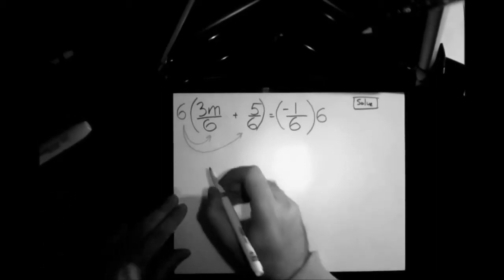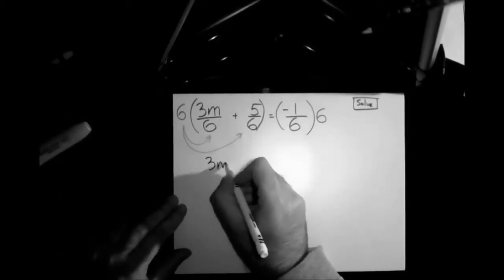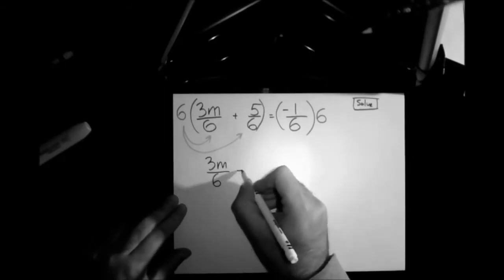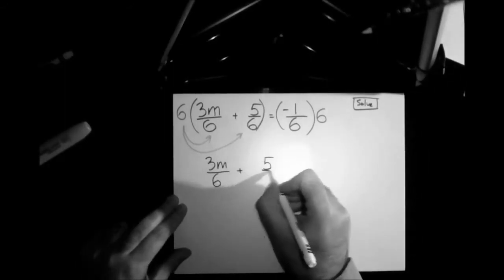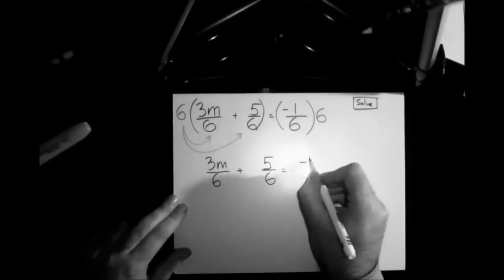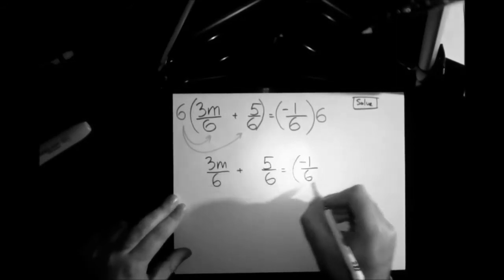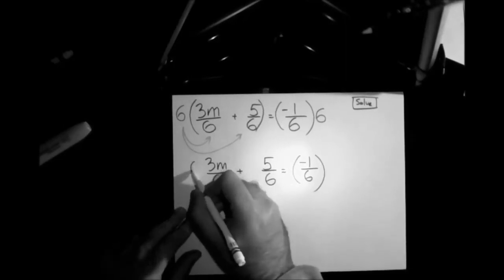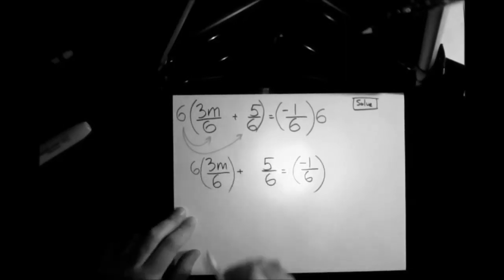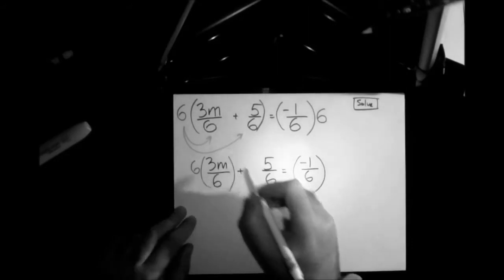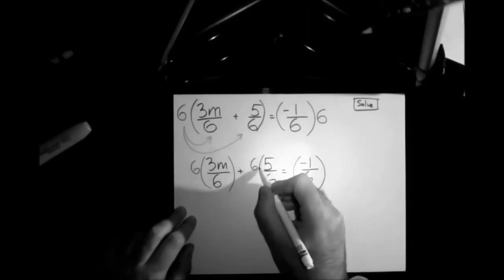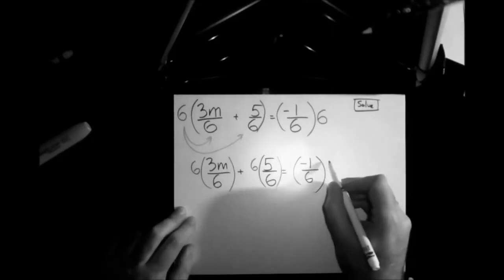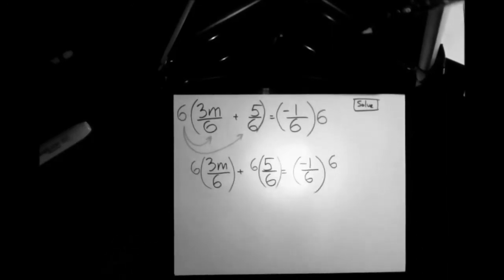At any rate, when you distribute, you get this. Six times 3m over 6. So I'm just distributing my 6 now. 6 times 5 over 6. And then, of course, 6 times my -1 over 6.